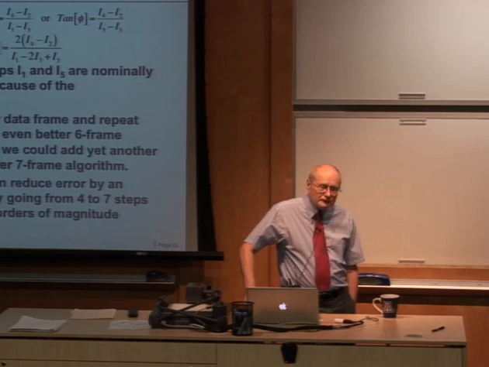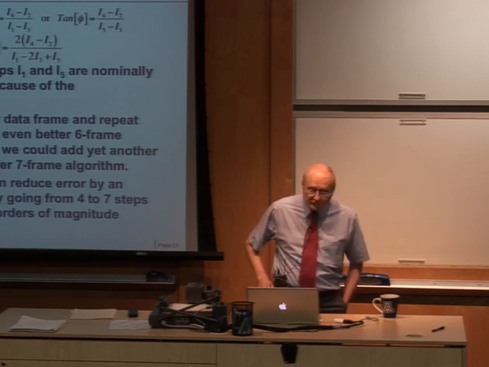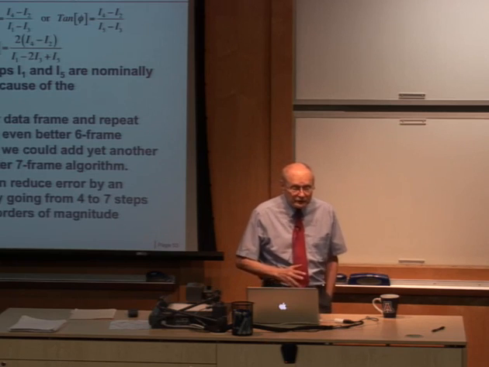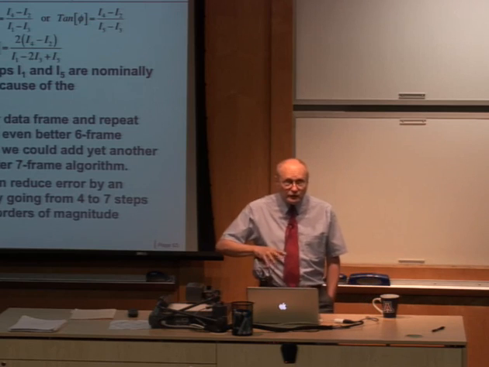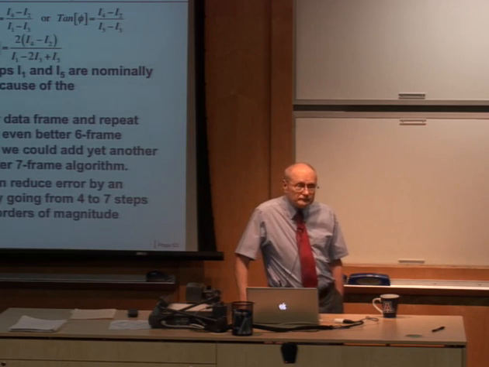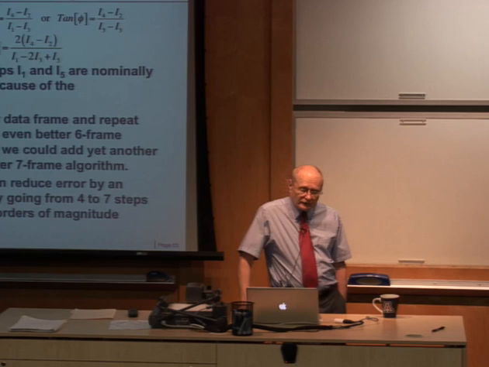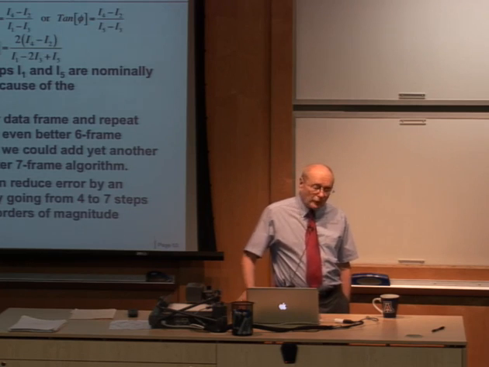If you have detector nonlinearity, quite often you get double frequency errors there too. Sometimes it's 4 times the frequency error. If you have any vibration, of course vibration is really causing the phase shifts not to be right, you'll see the double frequency errors. It's probably the most common error you'll see in phase shifting.